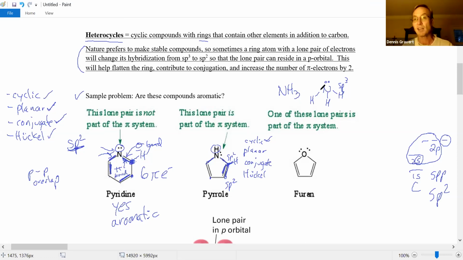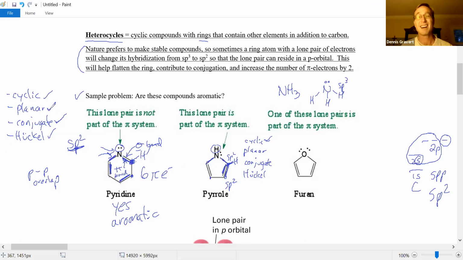And now what I'm saying is, even though it's tetrahedral, you can attach this nitrogen to the flat part of the rest of the ring in such a way that it still will remain flat, even though it's sp3. So, shortcut, if you have one atom that's sp3, it may still be planar. It's not enough to say, nope, can't be aromatic. Maybe it is. Be a little flexible.